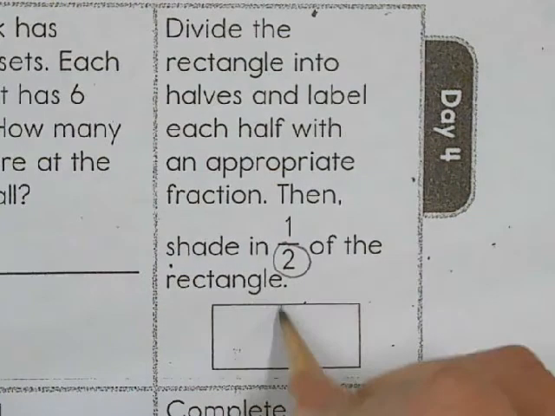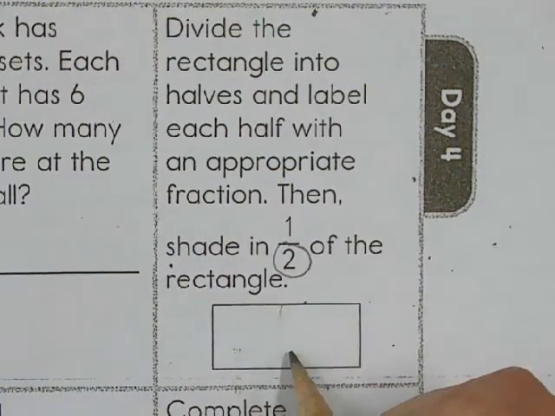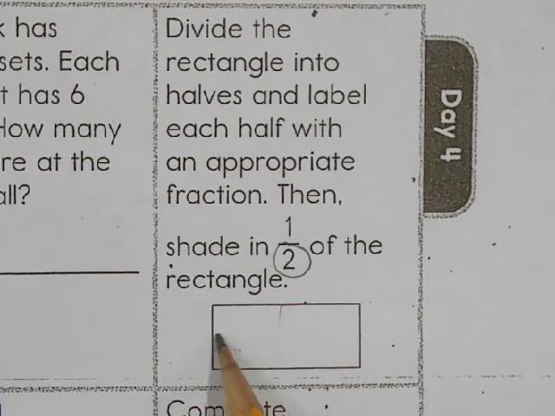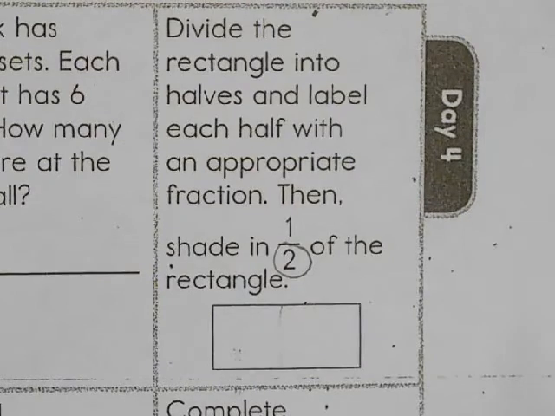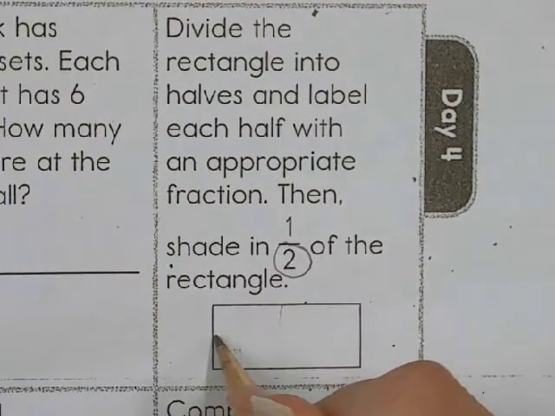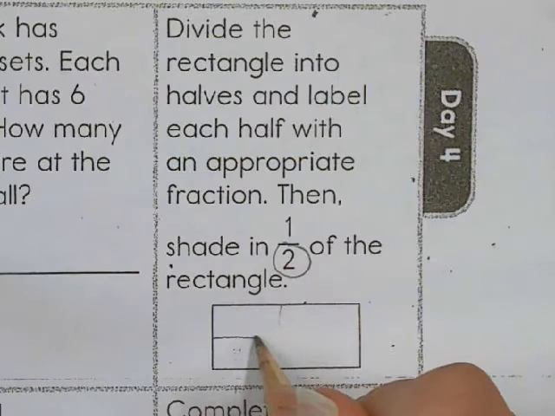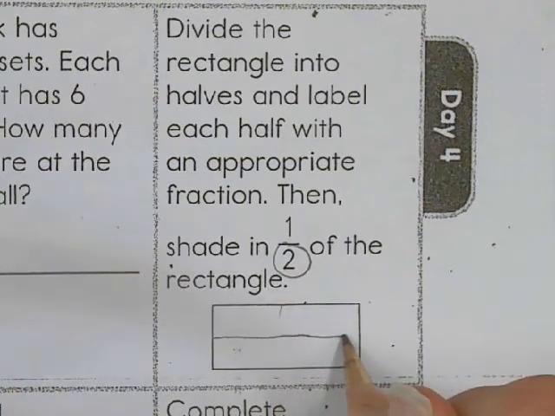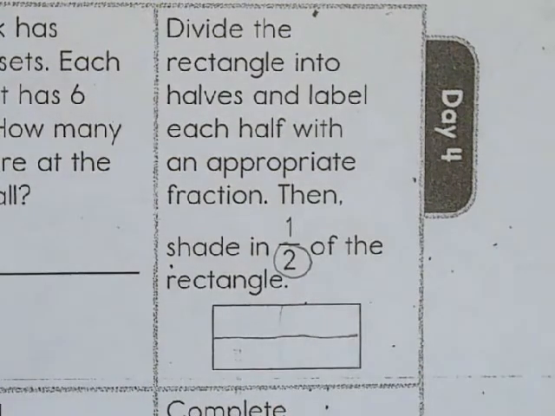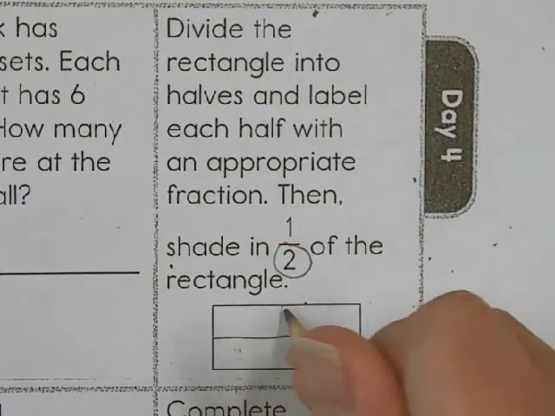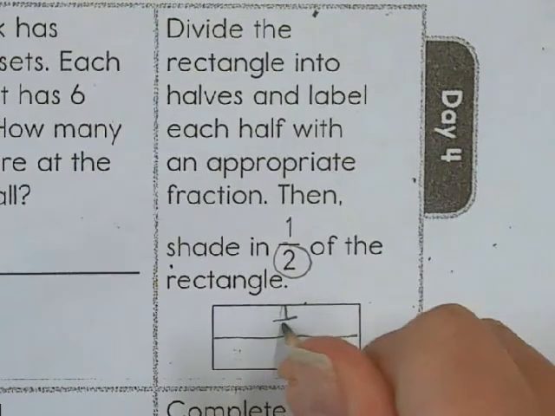I can go down the middle, up and down, or I can go down the middle, side to side. Remember that they have to be partitioned equally, so we want to make it as equal as possible when we're talking about fractions. Today, I'm just going to go down the middle and label with the appropriate fraction.